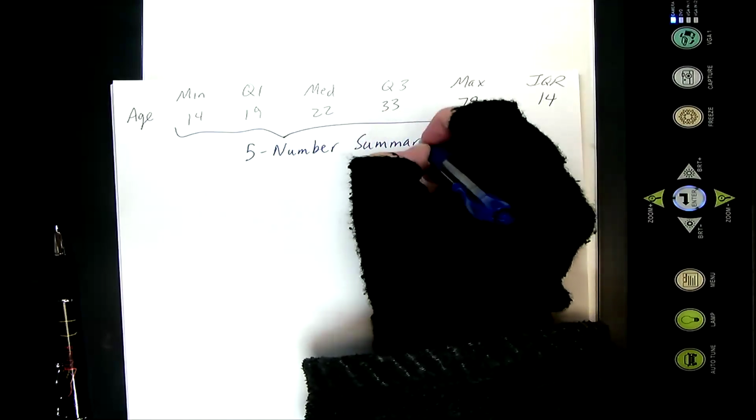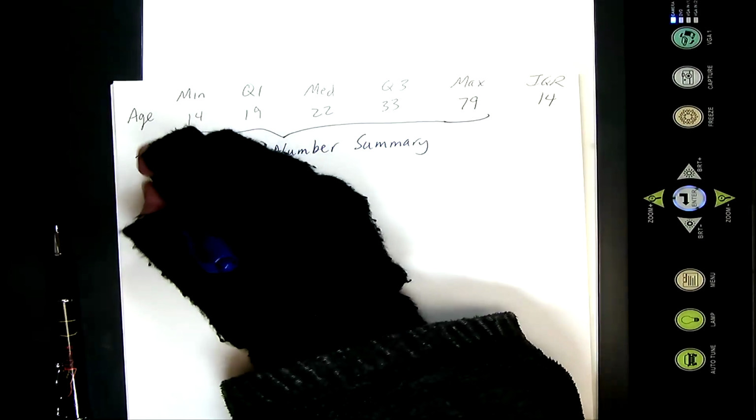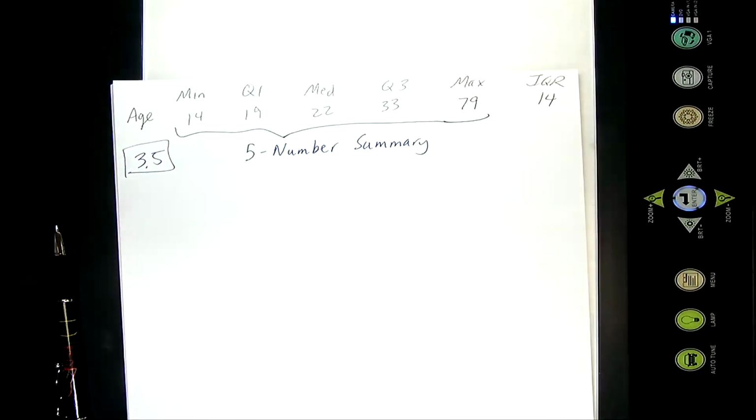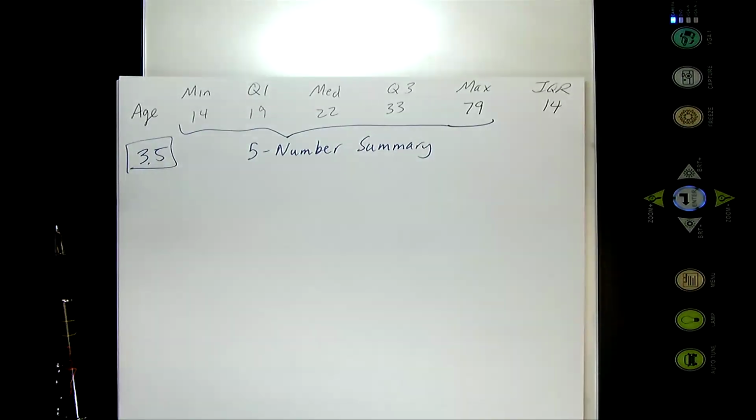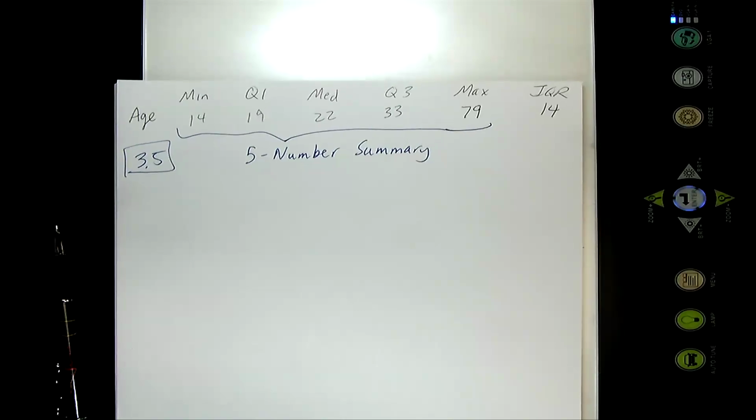Three point five is on this topic. When a homework problem asks for the 5-number summary, they want it in this order: min, Q1, median, Q3, max. If you type in all the right numbers but put them in the wrong order, they're going to say you got it wrong, because they go in order.